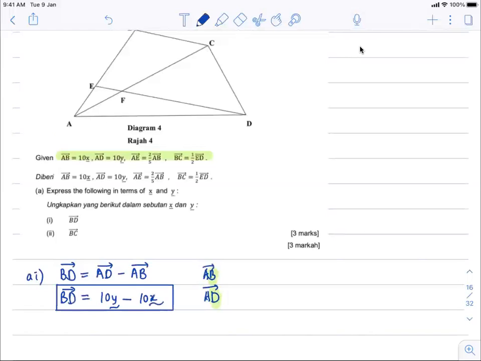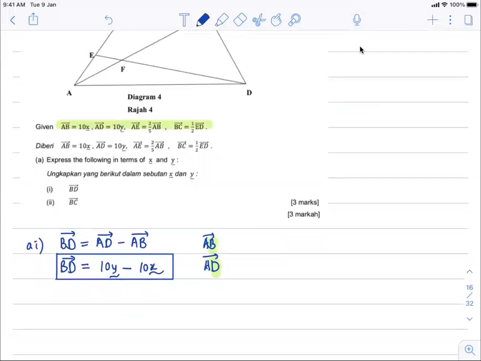Okay, I'd like to spend some time to explain how we derive the subtraction rule from the addition rule. From the addition rule, we know that BD is equal to BA plus AD. This is the addition rule.